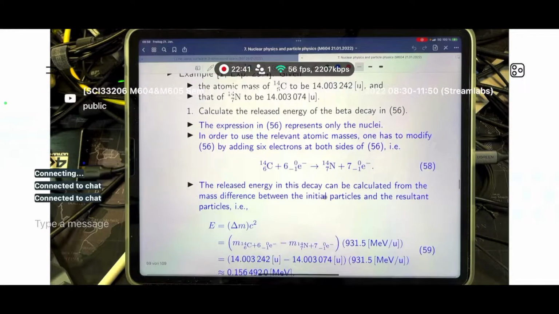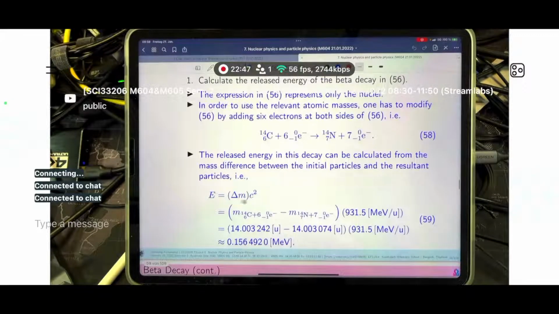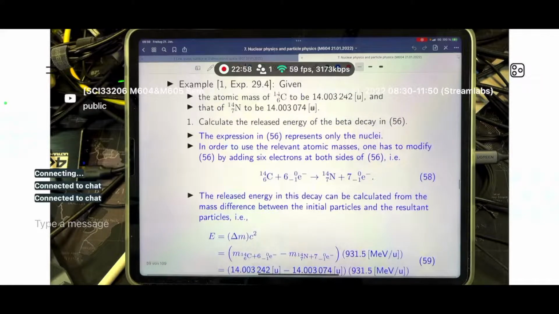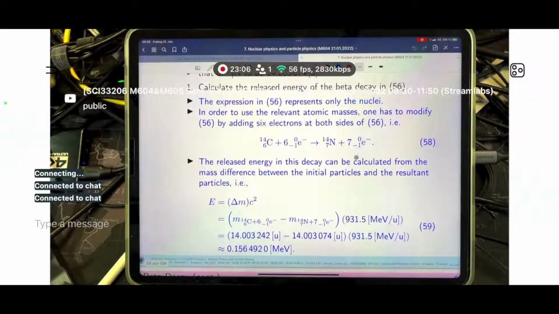And the mass will be converted to energy, and the relation between the mass and the energy is given by Albert Einstein's famous relation. And yes, we make the subtraction, right? The mass at the input side and the mass at the output side in the beta decay process.